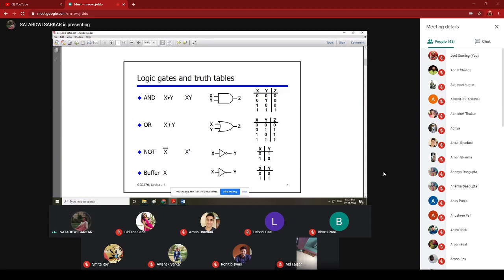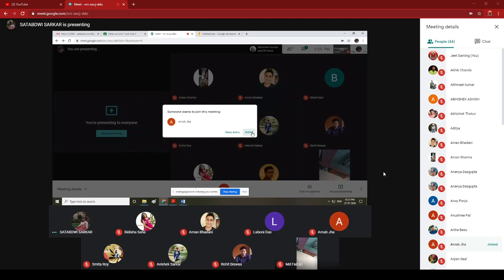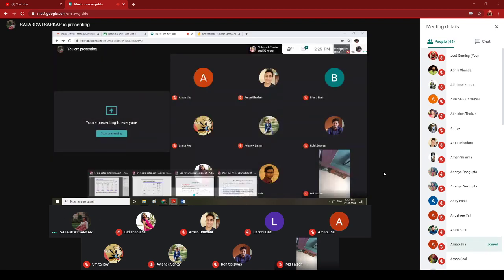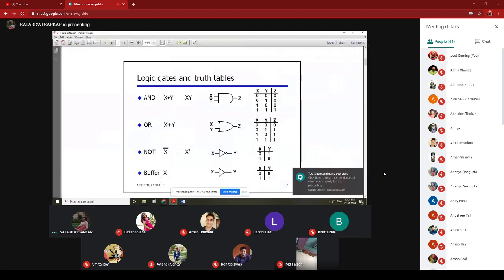If the value of x is 0, then the output y will be 1, and if x is 1, then the output will be 0. So this is the NOT gate.